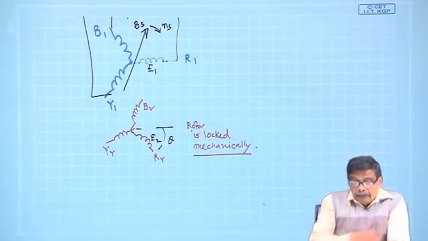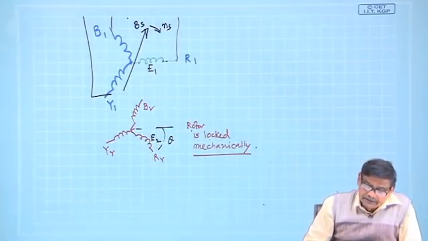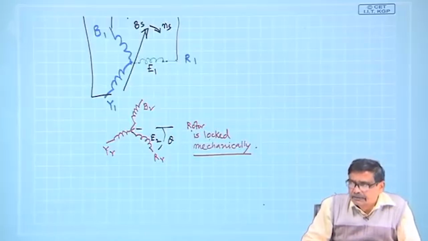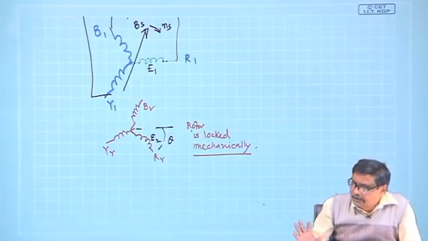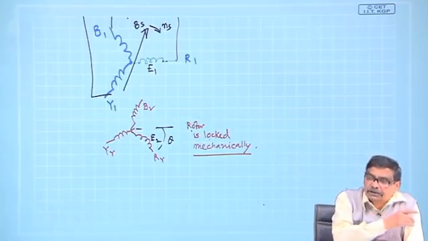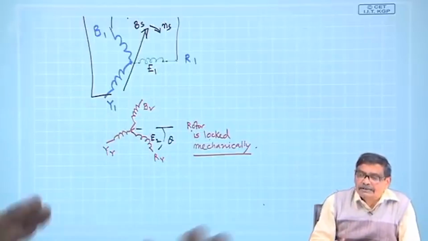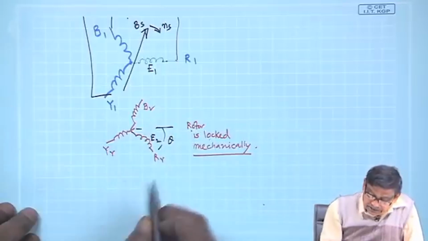Therefore, this arrangement is called a phase shifter. Suppose there is an input 3-phase voltage, and for some reason you want to get once again a balanced 3-phase voltage, phase shifted with respect to the actual supply voltage by say 30 degrees or 90 degrees, whatever you want.